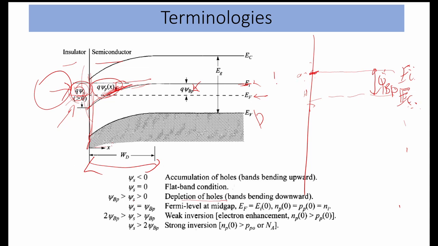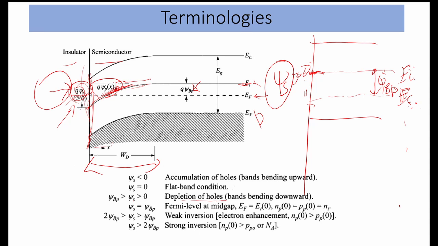The psi s is equal to 0, which shows there is no bending. No bending means the bands are flat. This is the flat band condition.